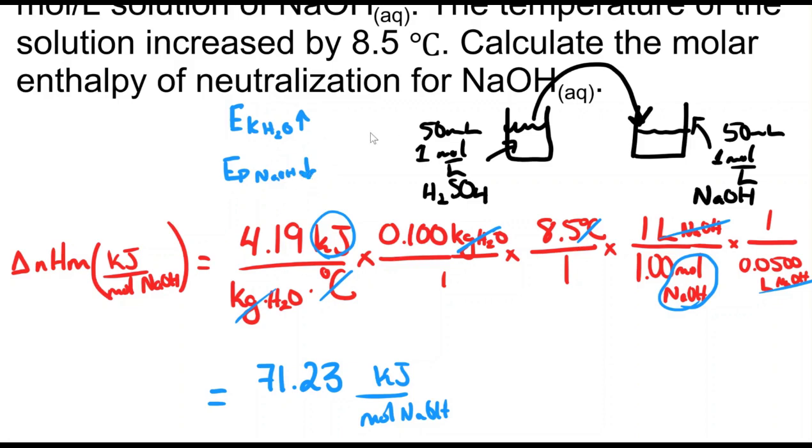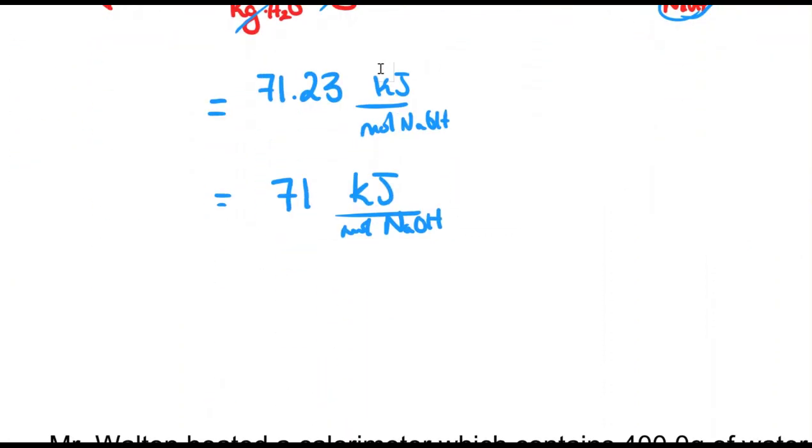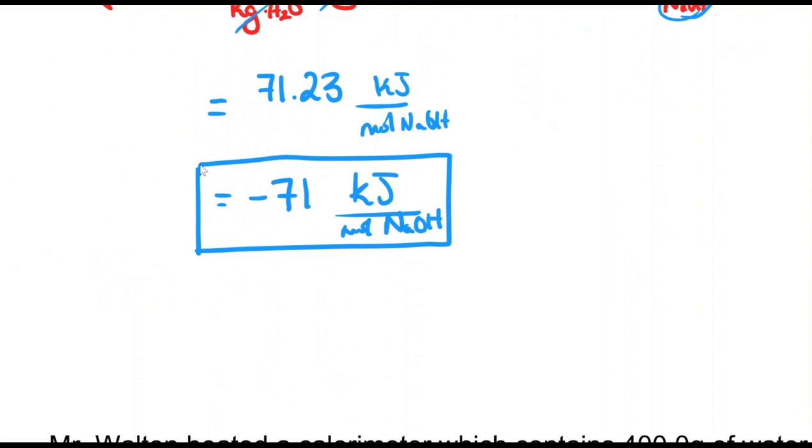So that's our problem right there. We got negative 71 kilojoules per mole of sodium hydroxide.